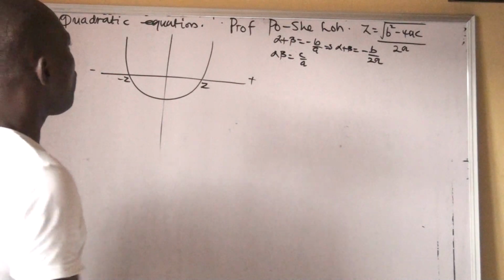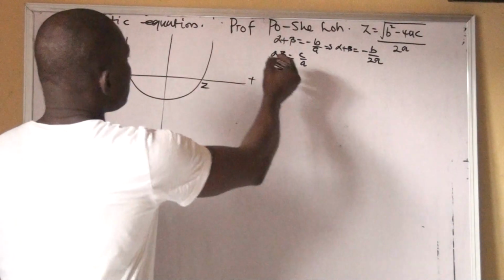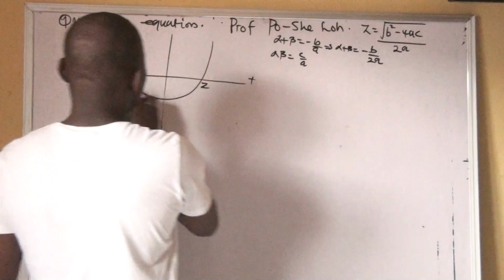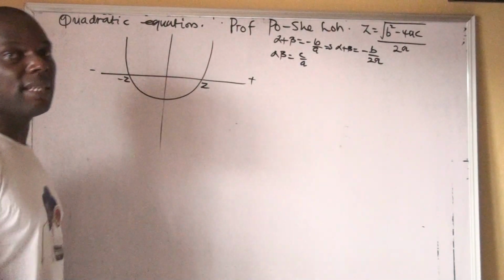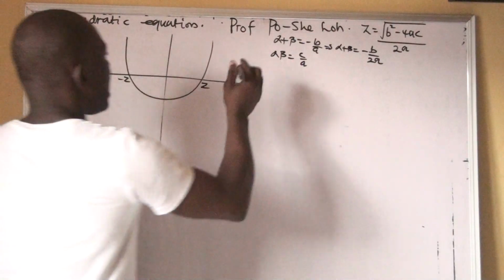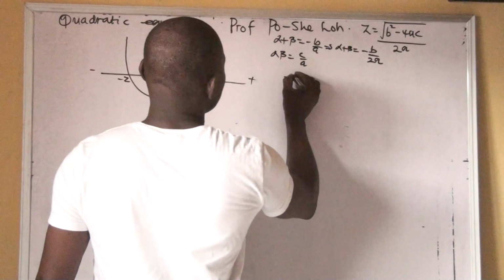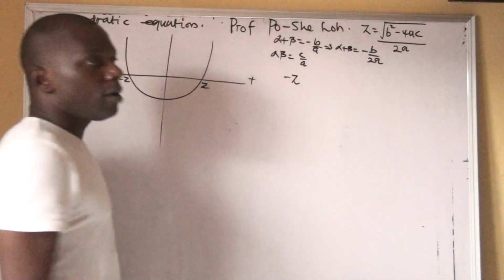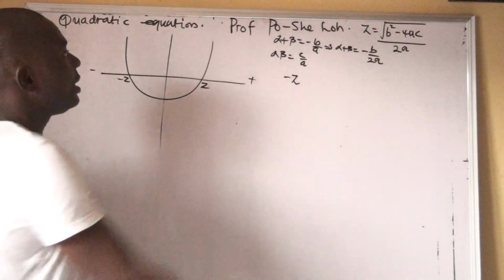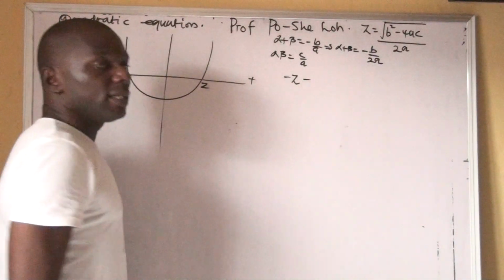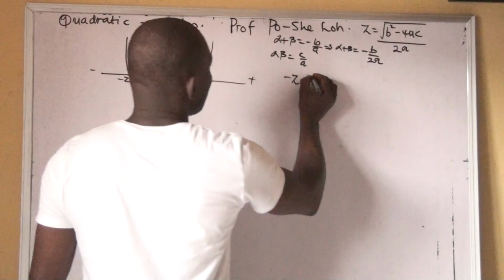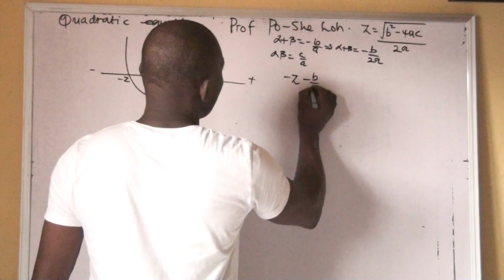Now, to obtain the roots, this z is just a distance from the average of the roots. So on one side we have minus z, added to the average, minus b over 2a.